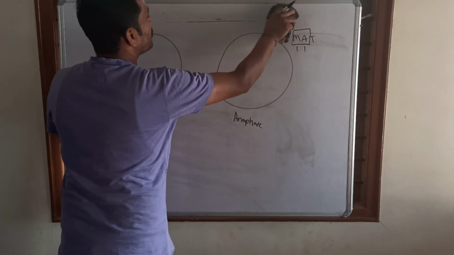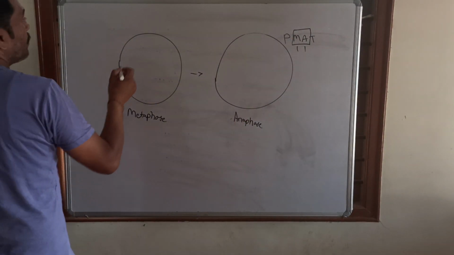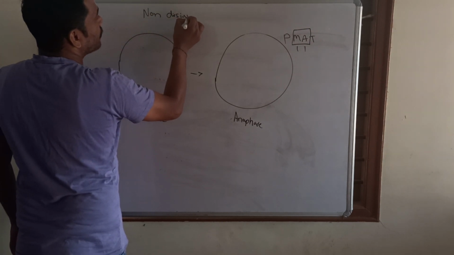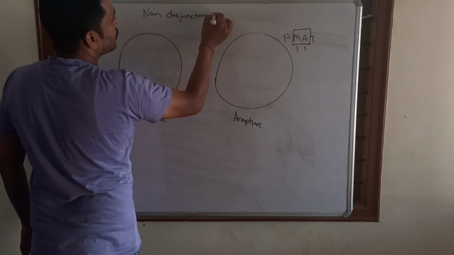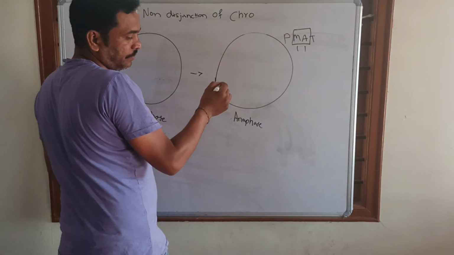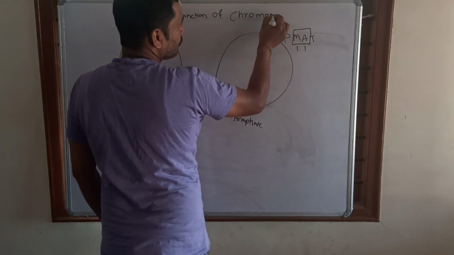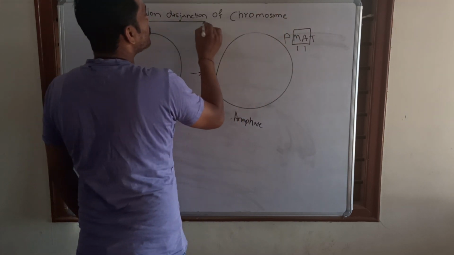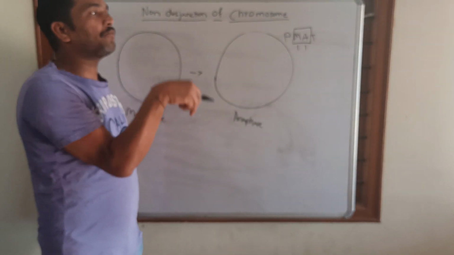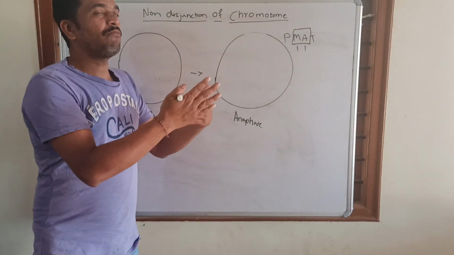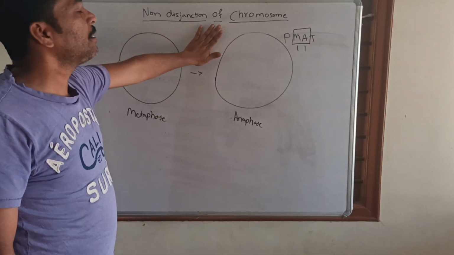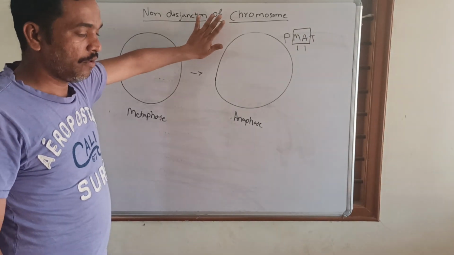Non-disjunction of chromosomes: the placement of chromosomes is somehow disturbed. If there is some change, then you can say non-disjunction of chromosomes.